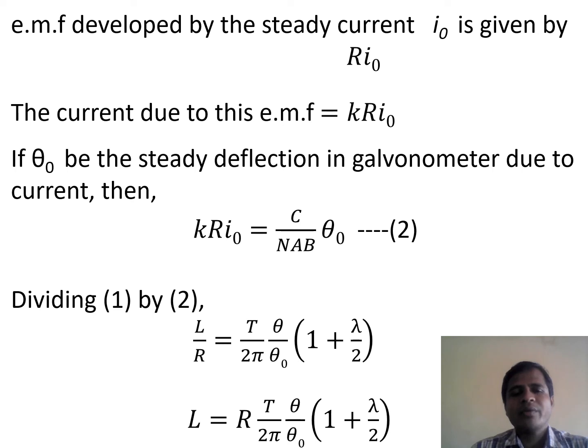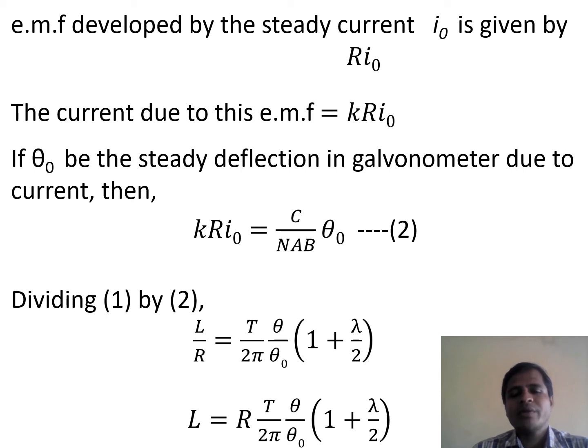Now dividing equation 1 by 2, we obtain L upon R is equal to T upon 2 pi into theta upon theta naught into bracket 1 plus lambda by 2. Now transferring R onto the right hand side, we get the final expression, that is the inductance of a coil L is equal to R into T upon 2 pi into theta upon theta naught into bracket 1 plus lambda by 2.